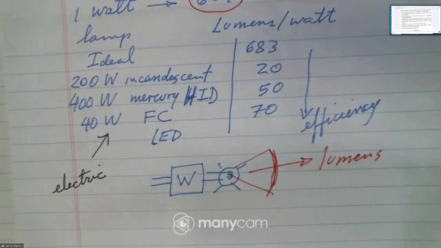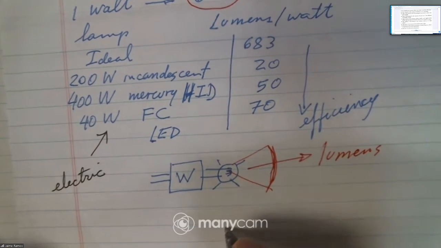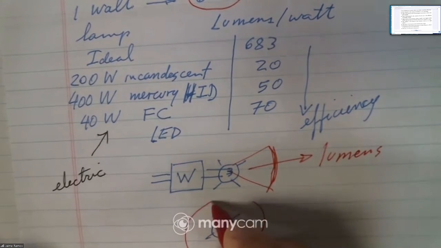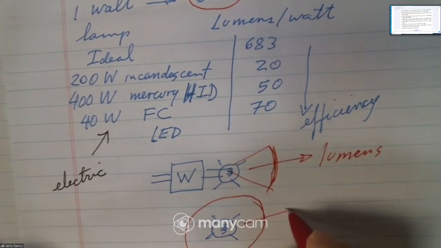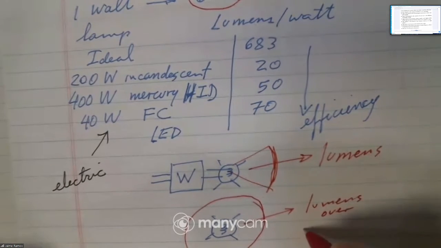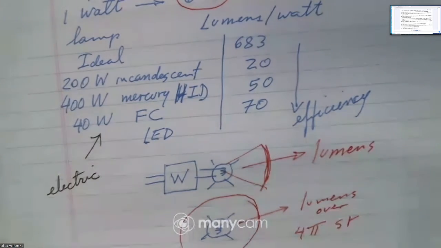If you integrate over the sphere, so for the whole lamp, we integrate over the complete sphere, lumens over 4 pi steradians, 4 pi being the solid angle of the sphere.